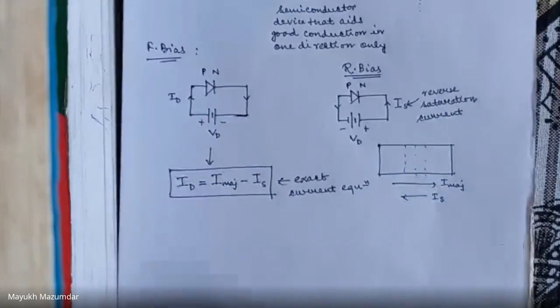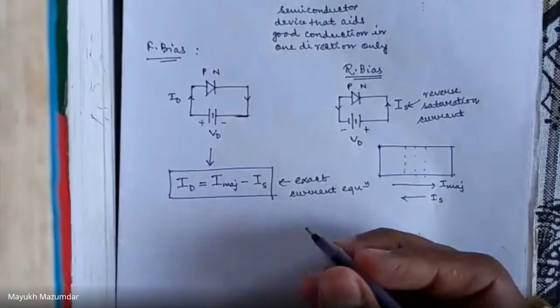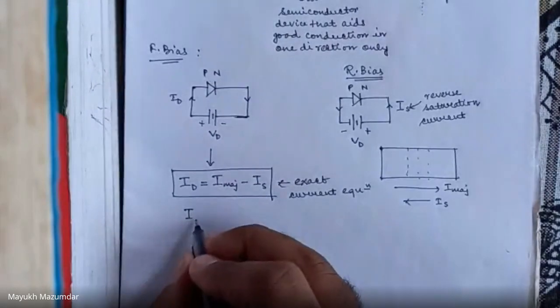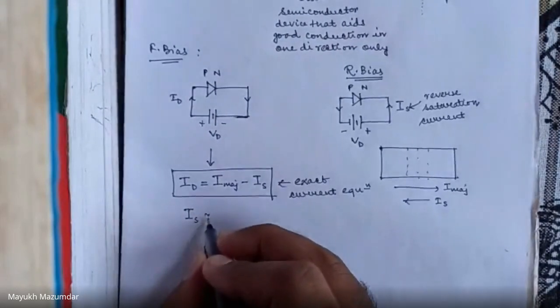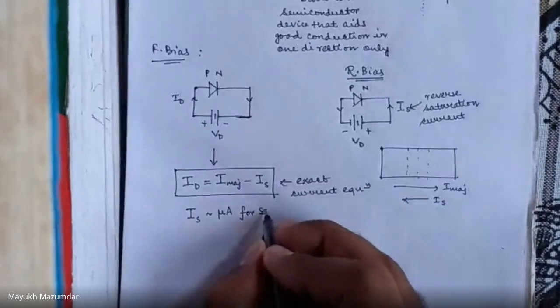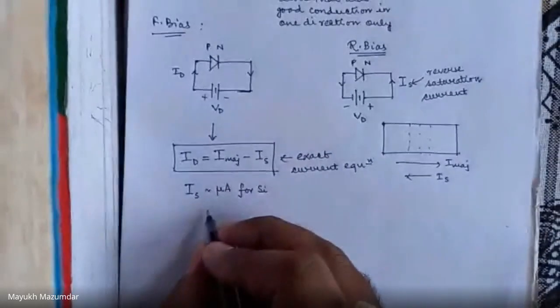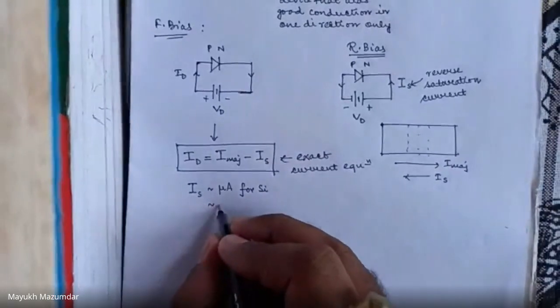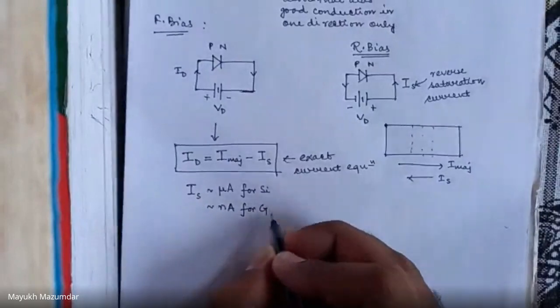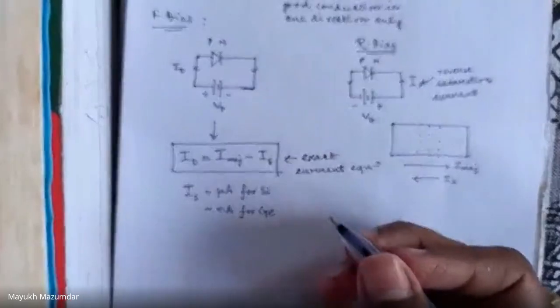Now, we also studied that the minority carriers are very, very less in number, and the reverse saturation current is nearly of the order of microampere if you're using a silicon PN junction, and as small as nanoampere for its germanium analog.